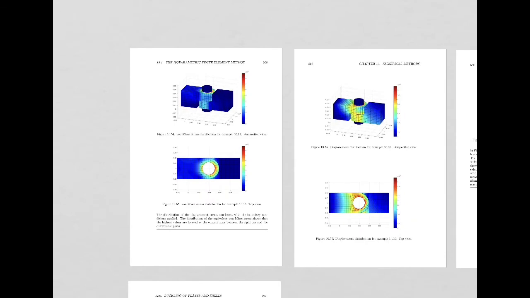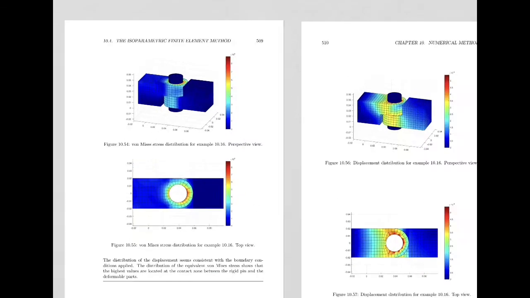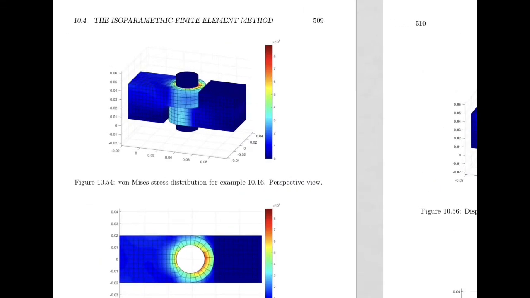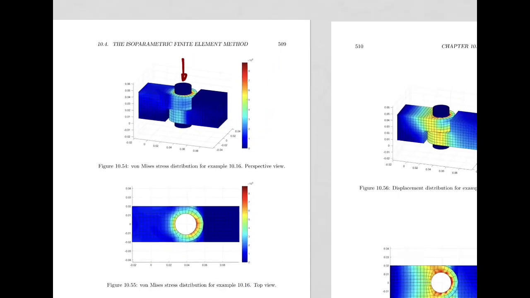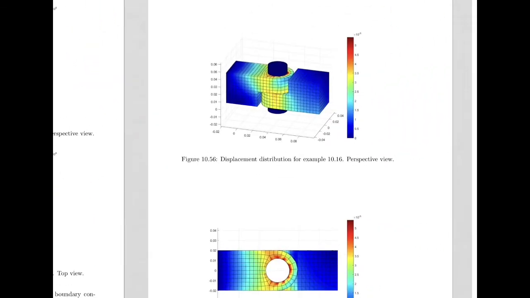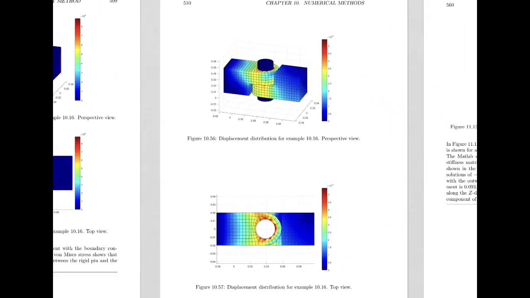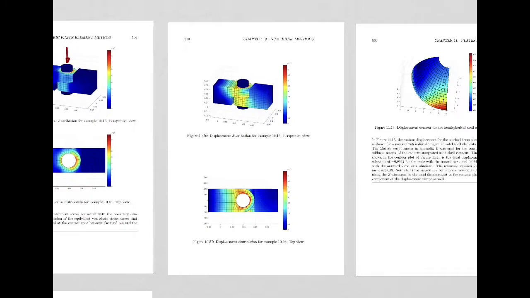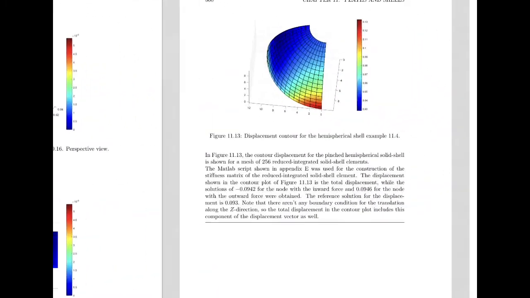That is included in the book. So you can predict the equivalent von Mises stress. The pin here is modeled as a rigid body, but the other two parts of the hinge are deformable bodies, and you can see the distribution of the von Mises stress. You can also see the distribution of displacements or whatever else you want to see.